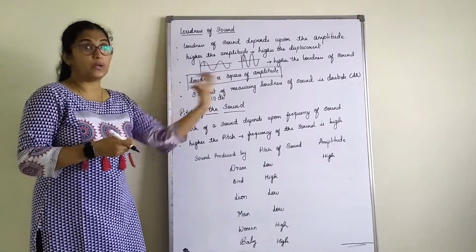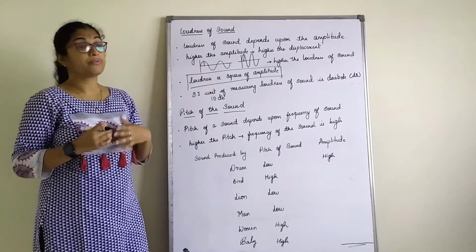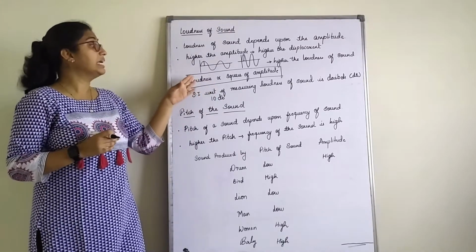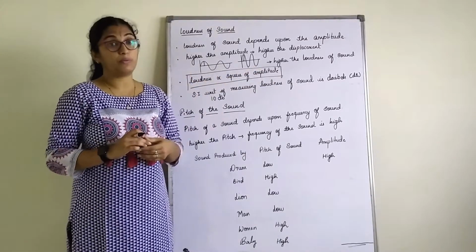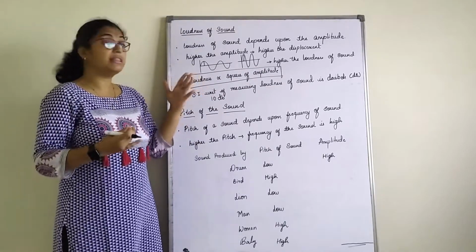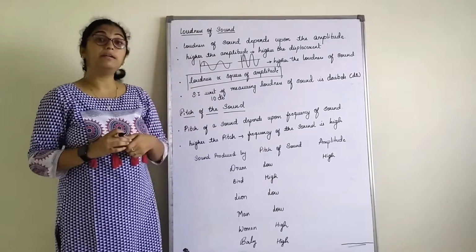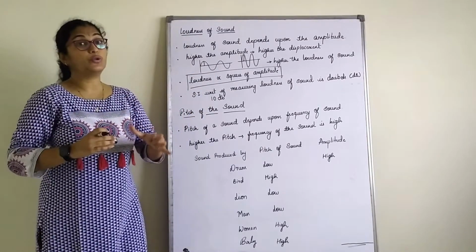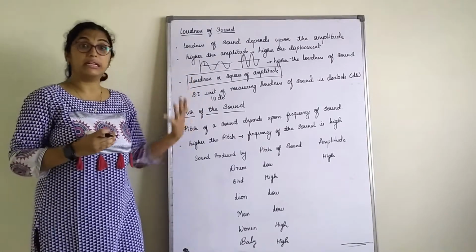Now when you understand that loudness is directly proportional to the square of the amplitude, if I double the amplitude, the loudness will be 4 times.